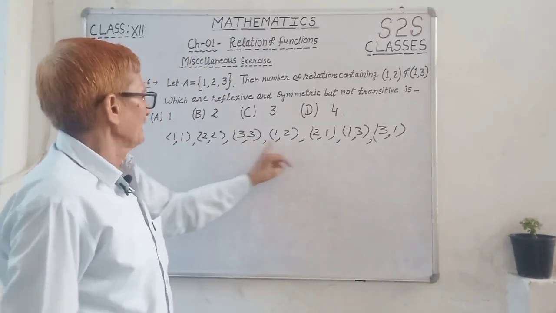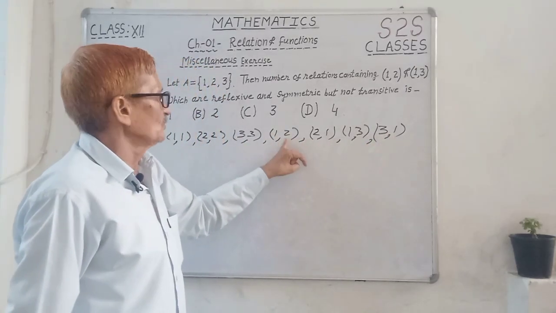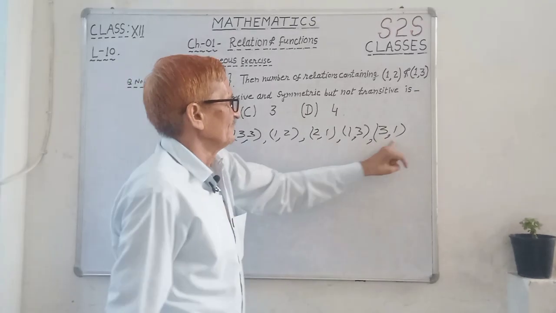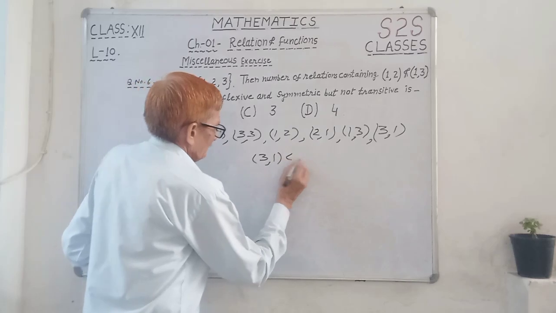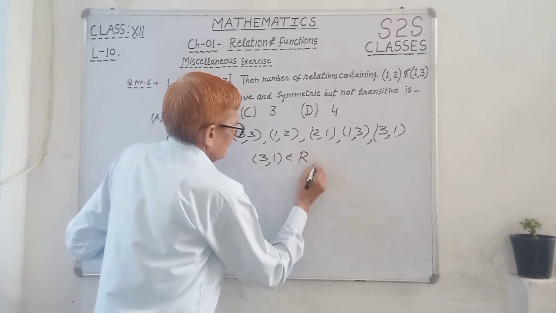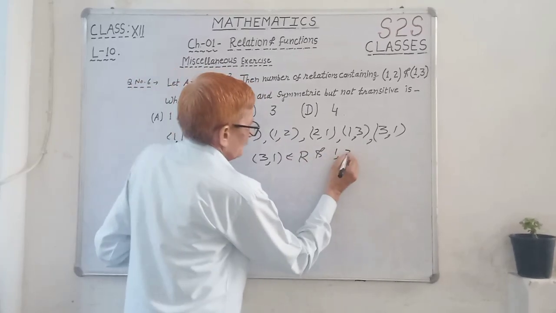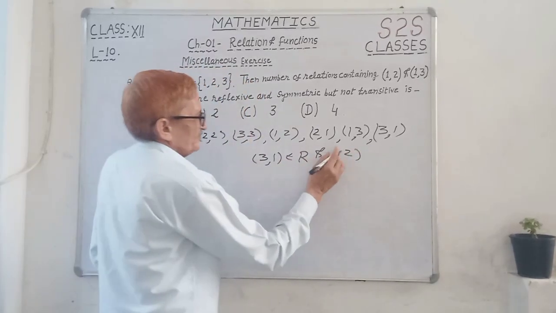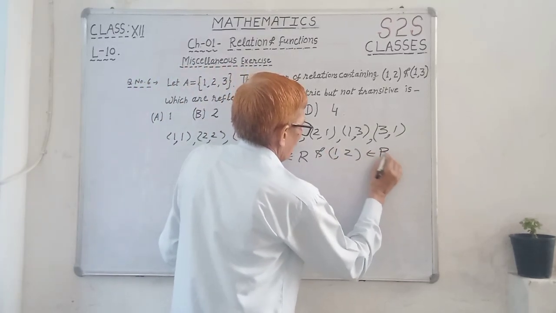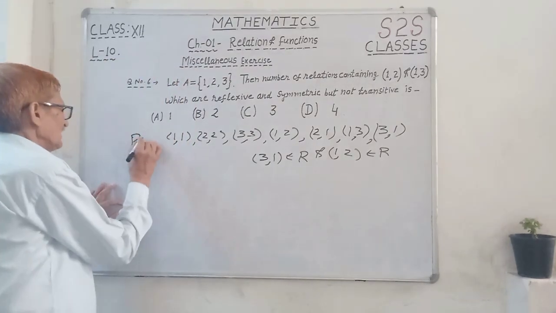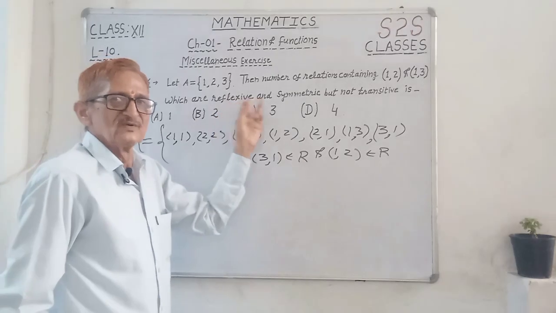If you see here (1, 3), (3, 1): if (3, 1) belongs to this relation R, and (1, 2), that is (a, b), (b, c), also belongs to this relation R. This relation R we are writing according to the requirement of the question.